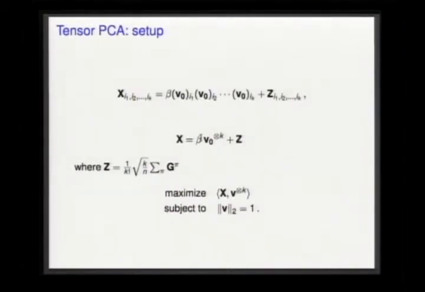We are going to discuss in which cases it's possible and in which cases it fails. It's known that most tensor problems are NP-hard, and that tensor PCA is an NP-hard problem. But you see here that if beta goes to infinity, so basically if you're given a rank 1 tensor, it's very easy to estimate the vector V0.